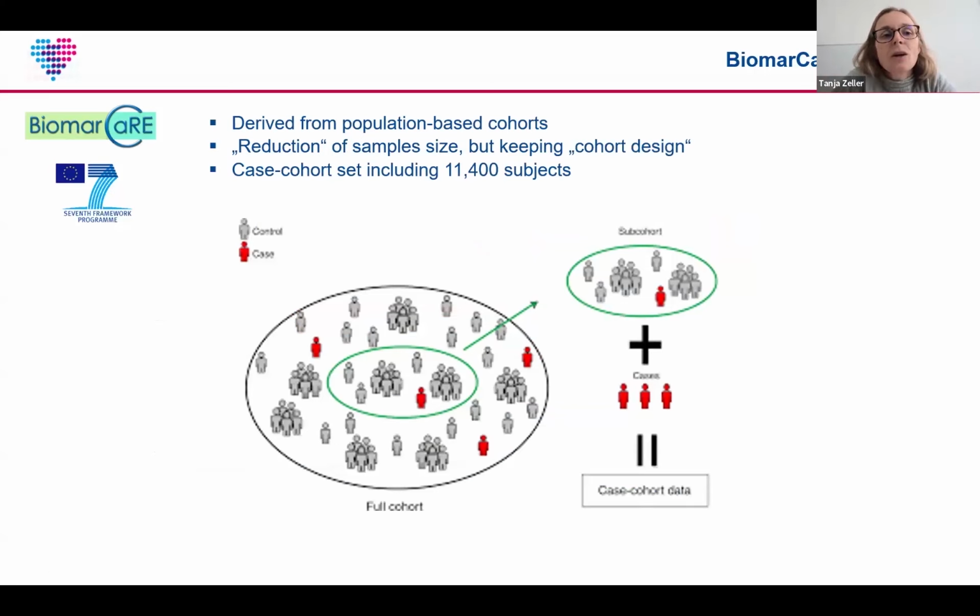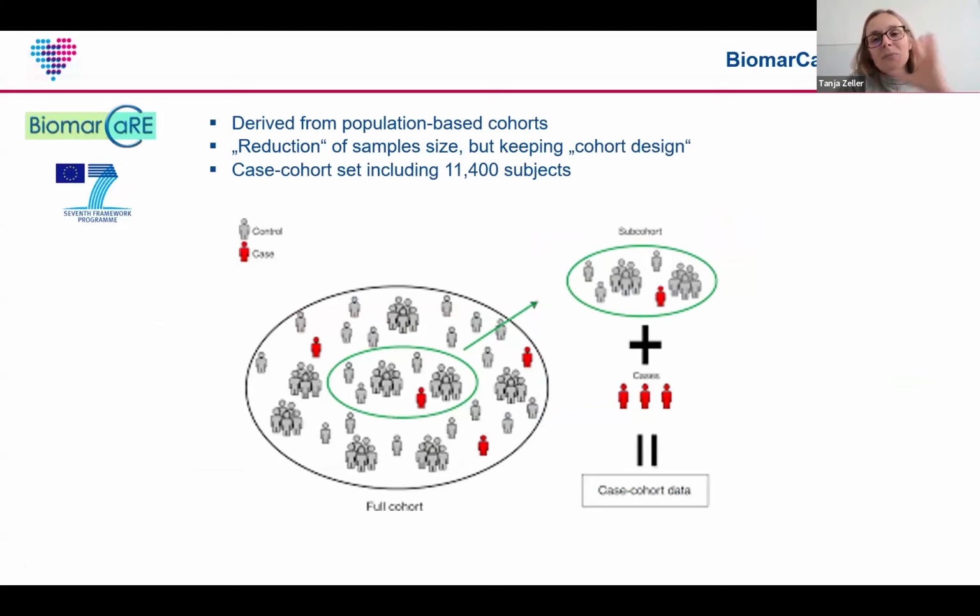And one, let's say, speciality of the BiomarCaRE cohort is that you saw that over 300,000 subjects were totaling the BiomarCaRE cohorts. But to measure metabolomics in 300,000 subjects, that might not be very feasible.